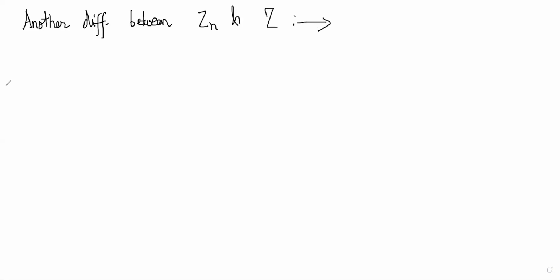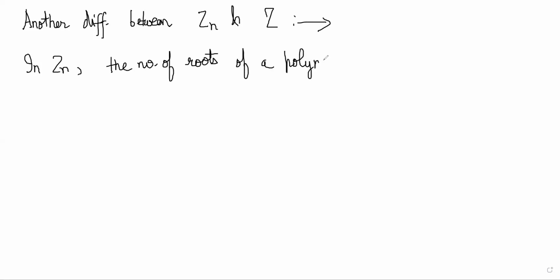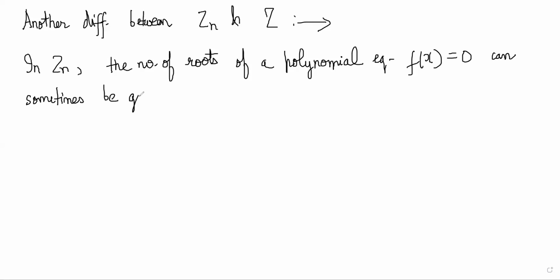One more property that we can look at is another difference between Zn and Z. What we can see is that in Zn, the number of roots of a polynomial equation f of x equal to 0 can sometimes be greater than the degree of the equation.